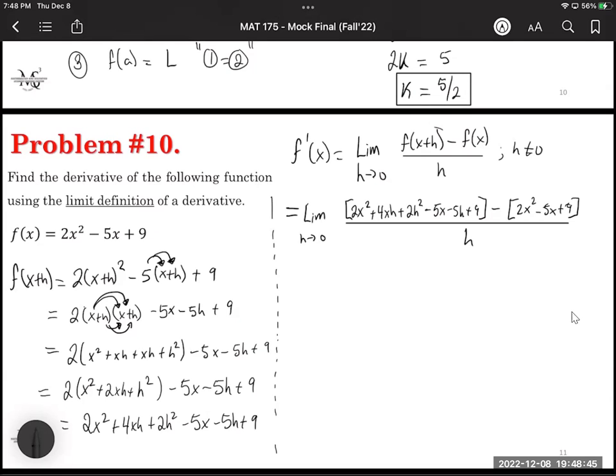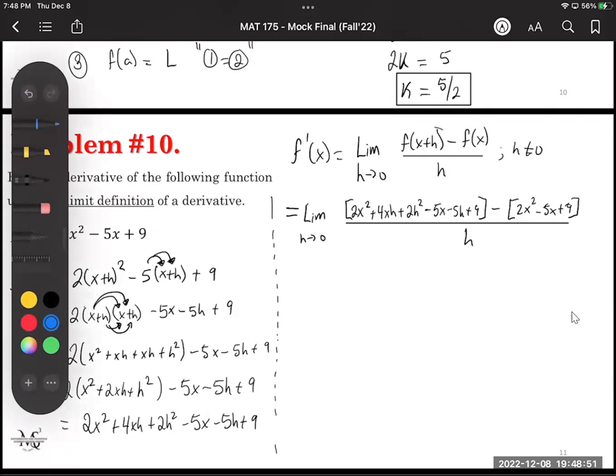So whatever terms you have in common, you can get rid of them. For example, since they both have a 2x squared, I could get rid of it because of the minus sign between the 2 brackets here. Another term that I could get rid of is negative 5x, and I could also get rid of the 9.